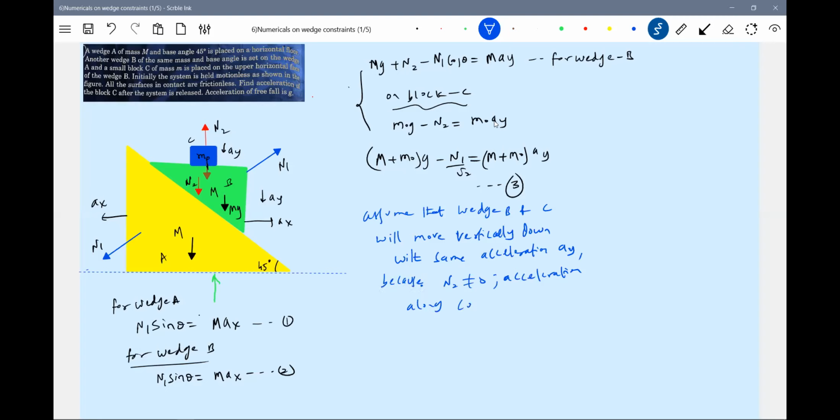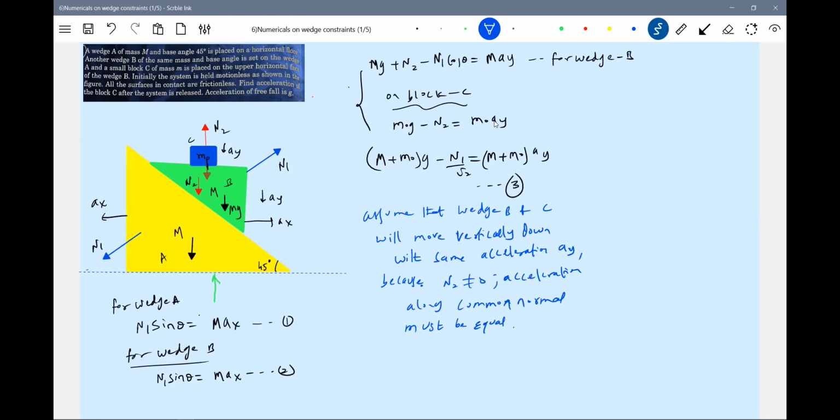Acceleration along the common normal must be equal. Okay, now for wedges A and B, what can you write? N sin theta, N sin theta. So there's no problem. That's why I wrote this one separately. Okay, we have this much here.